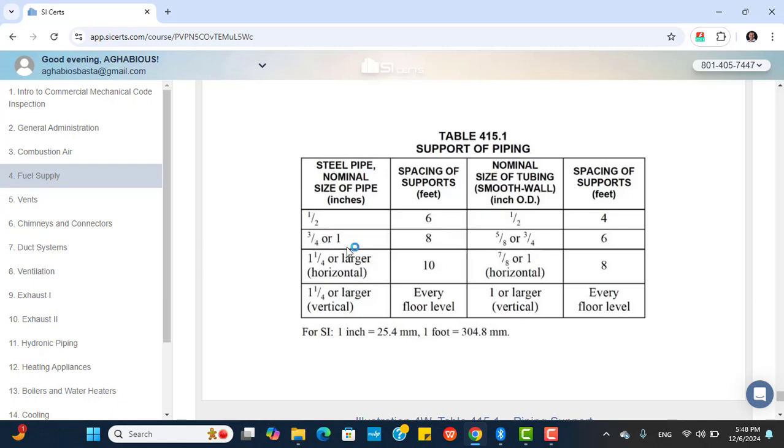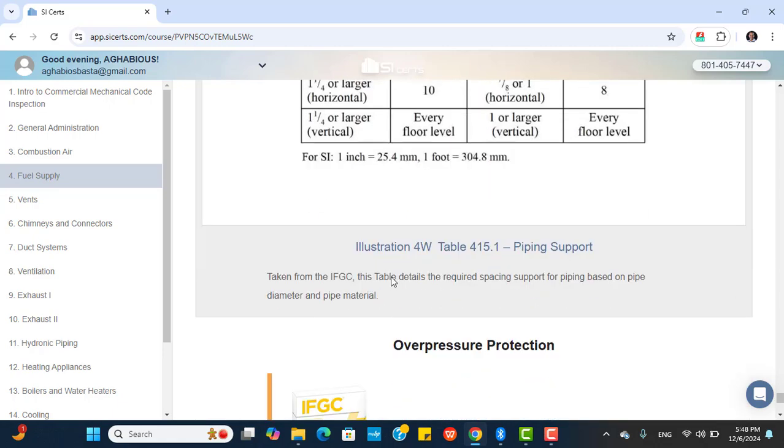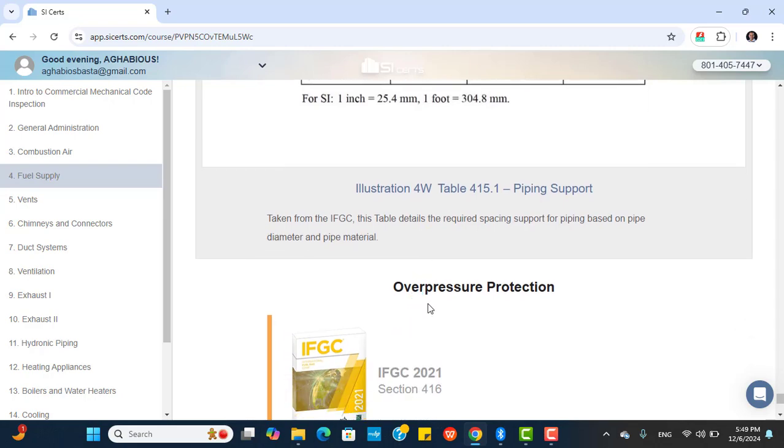For 3/4 or 1 inch we will support every 8 feet, and so on. Illustration for Table 415.1, piping support, taken from the International Fuel Gas Code. This table details the required spacing of support for piping based on pipe diameter and pipe material.